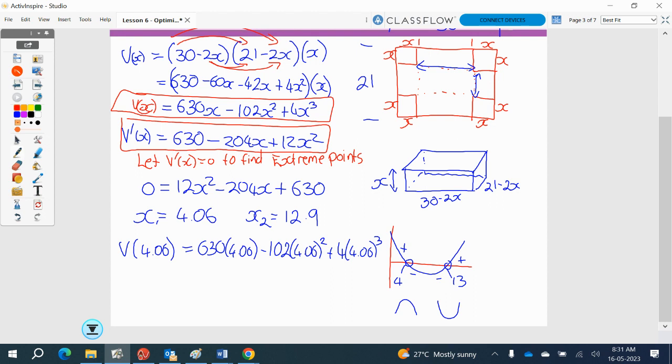So you plug it back into the equation, like the maximum of that, and you find, what do you get? 1,144.2. 3 significant figures, please.